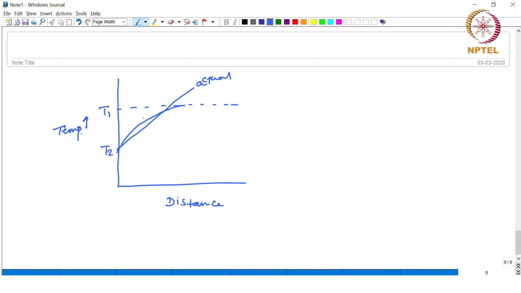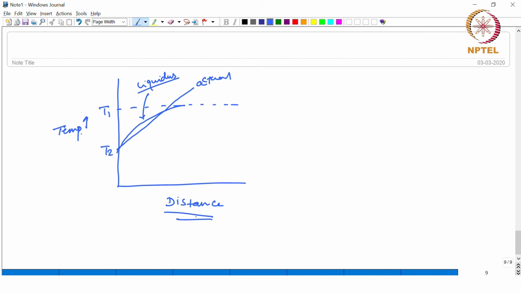This is the actual temperature and this is the liquidus, which varies as a function of distance from the interface due to the variation of the composition as a function of the same distance.